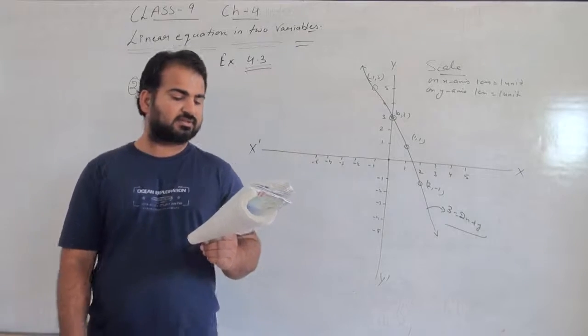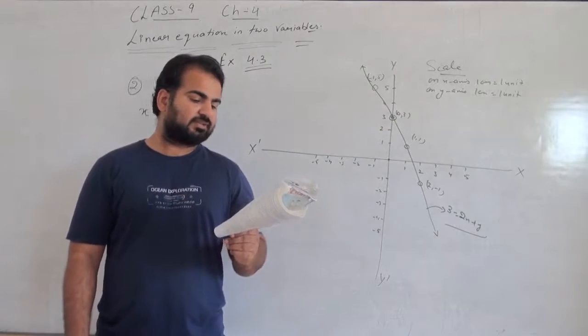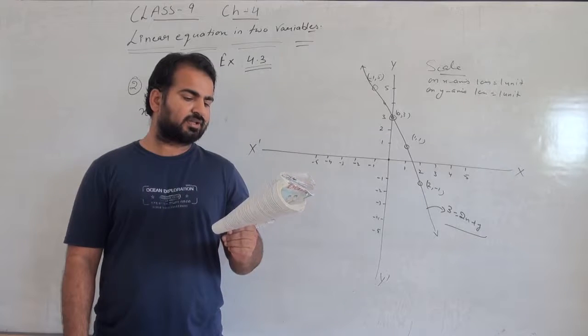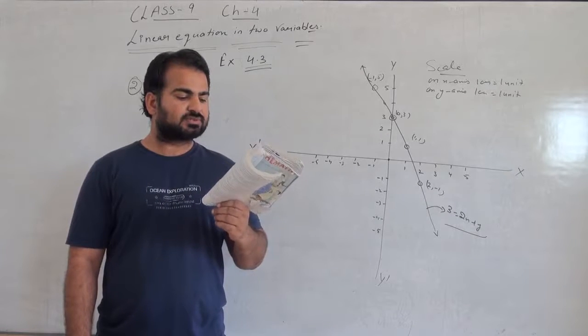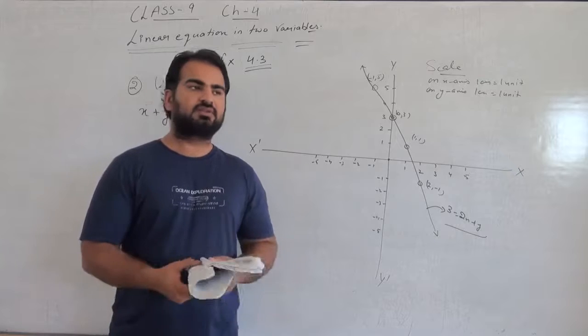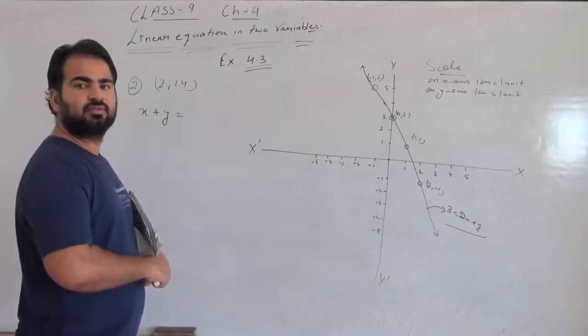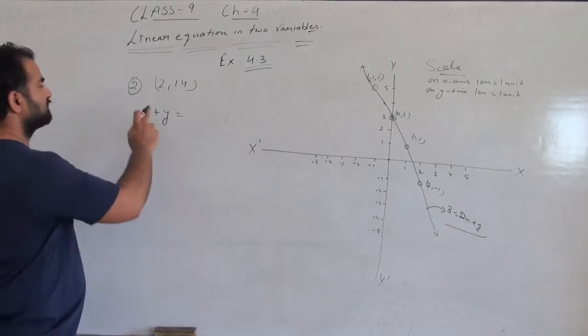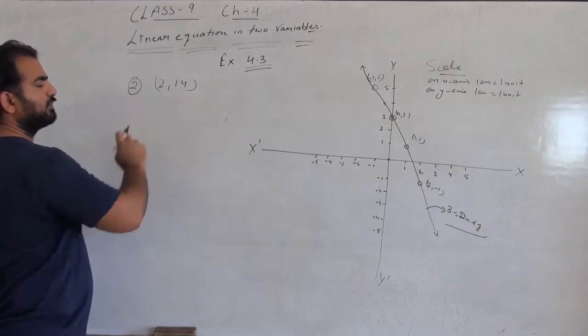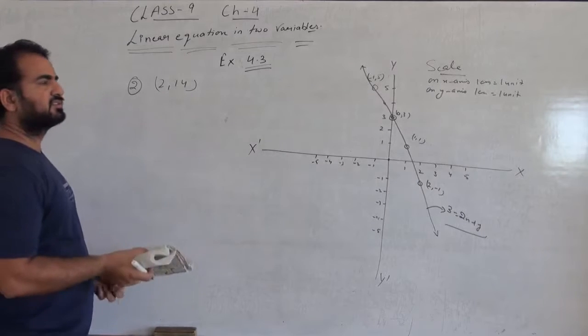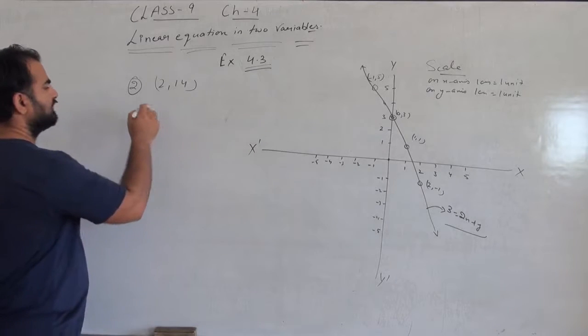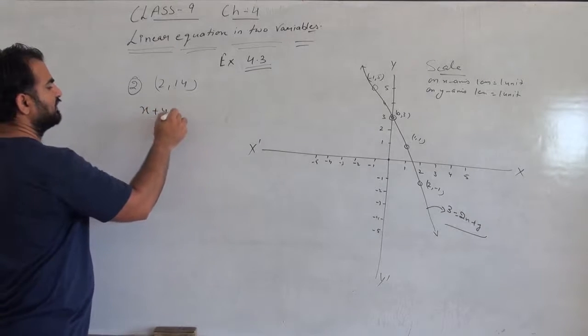Okay, now that's our question. Question number 2 is: give the equation of two lines passing through 2 comma 14. How many more such lines are there and why? So what we have to do is, question number 2, 2 comma 14. So the equations can be x plus y.